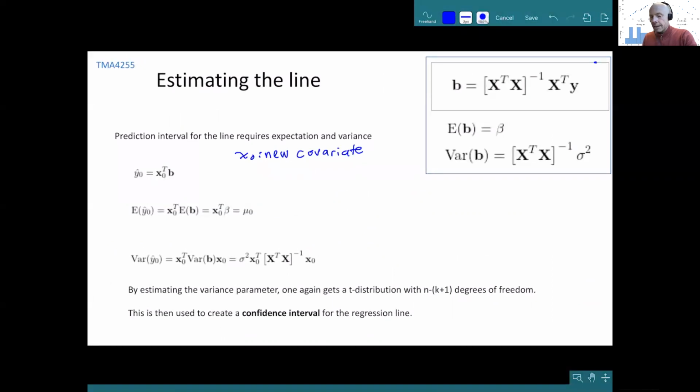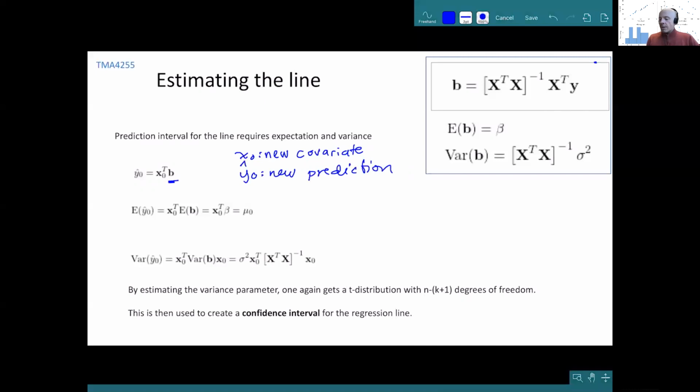And we want to predict this. So y hat 0 is the new prediction. And in doing this prediction, we use our model, so we plug in for B. We know that B is unbiased. So if the linear regression holds, this is also unbiased for the line.